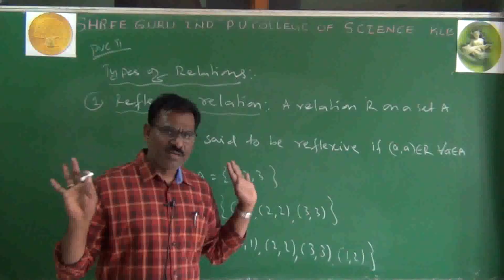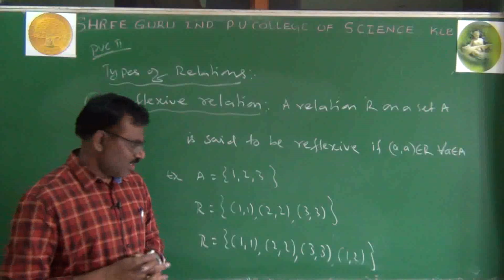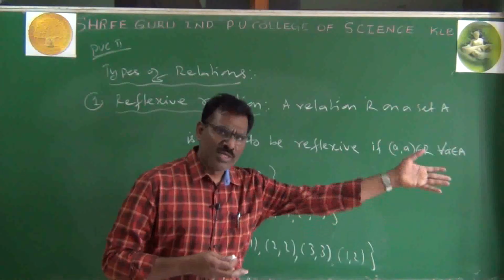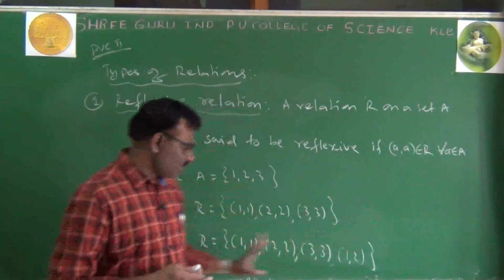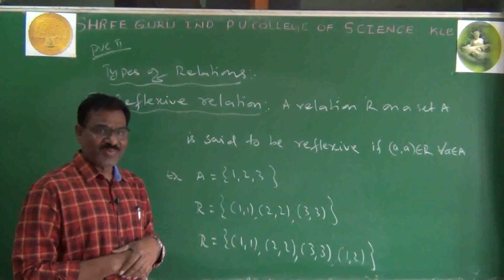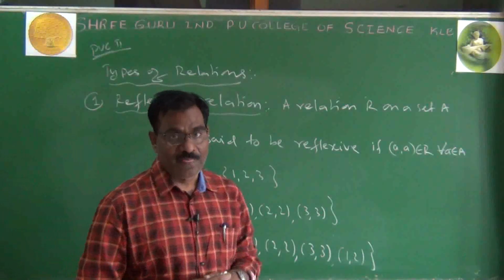Next, whatever else is there, don't worry about it. It must be reflexive. Even so many other ordered pairs can be there, but these must be present. This is called a reflexive relation.